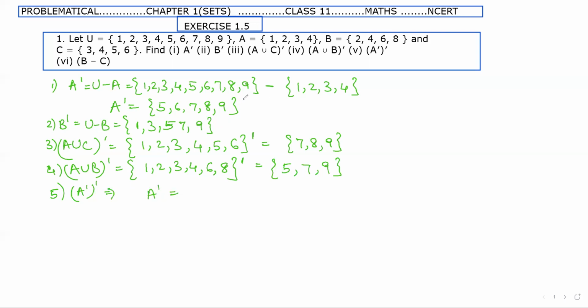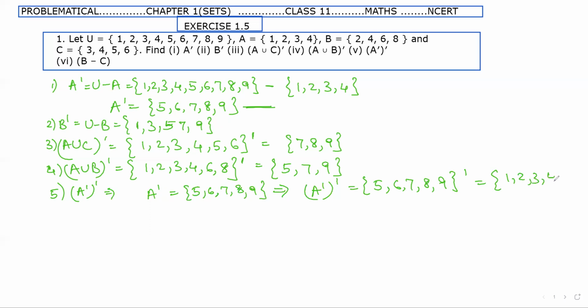A complement is already calculated, and this is the value, which is 5, 6, 7, 8, and 9. Now let this value's complement be taken, which means you have to remove these elements from the universal set to get the answer, which will be 1, 2, 3, and 4, which would again mean this is A. So A dash dash will be equal to A.